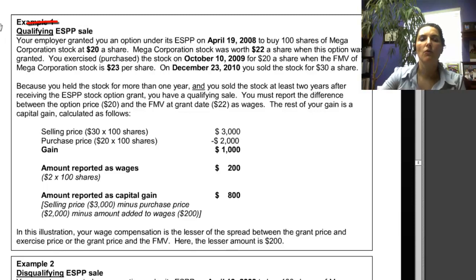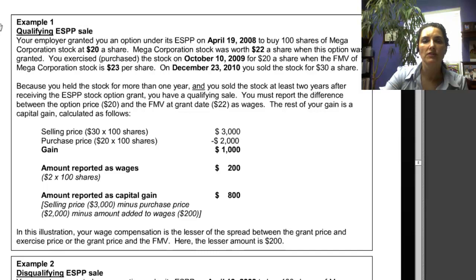Here is an example of a qualifying ESPP sale. Your employer granted you an option under its ESPP on April 19 of 2008 to buy 100 shares of Mega Corporation stock at $20 a share. Mega Corporation stock was worth $22 a share when this option was granted.